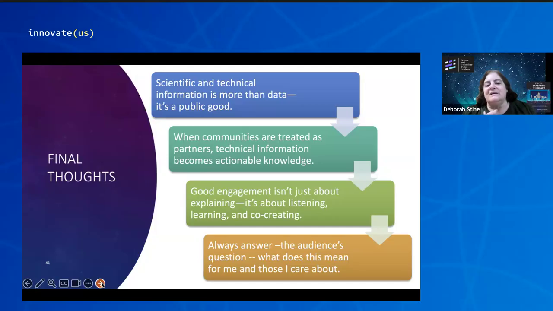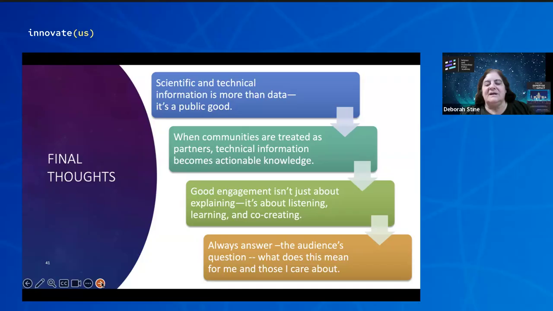And when communities are treated as partners, it becomes actual knowledge, something they can talk about. Oftentimes there's maybe only one person, but that person talks to their friends, neighbors, and colleagues. They are what I call carrier pigeons. They help spread the word, right? So they become our partners in communicating that information.